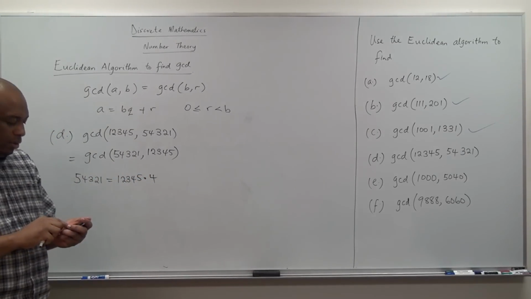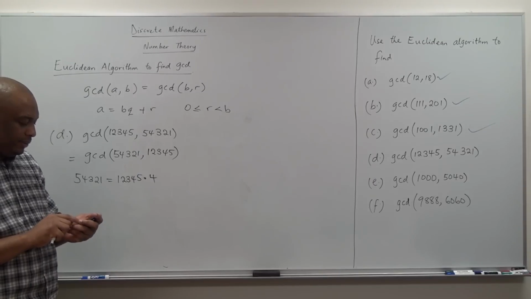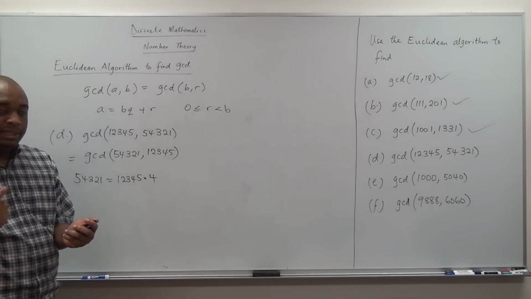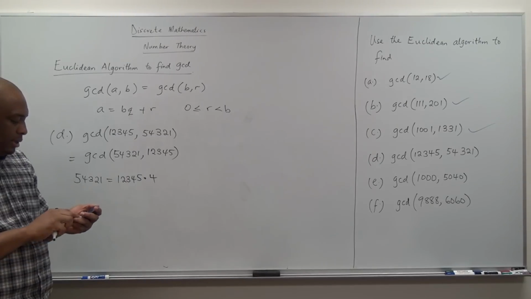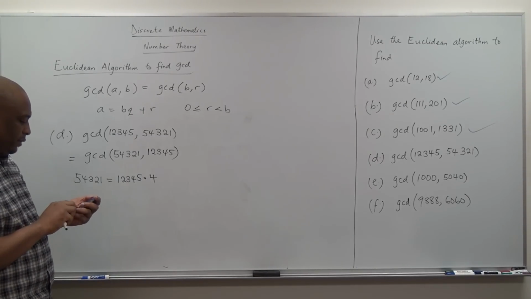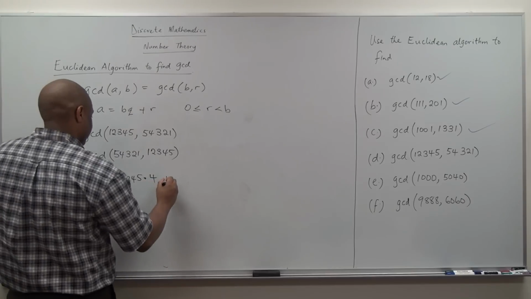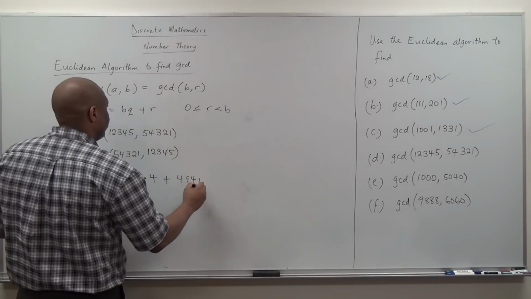Then you do 12345 times 4. It gives you 49380. Then you subtract it from 54321. It gives you 4941.